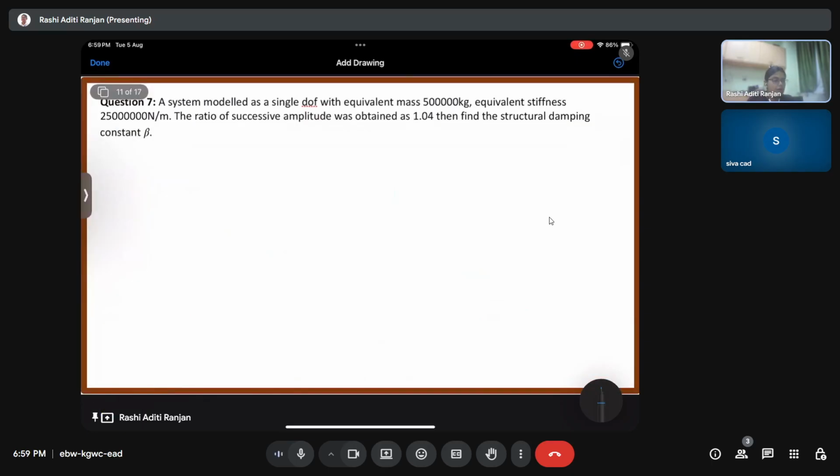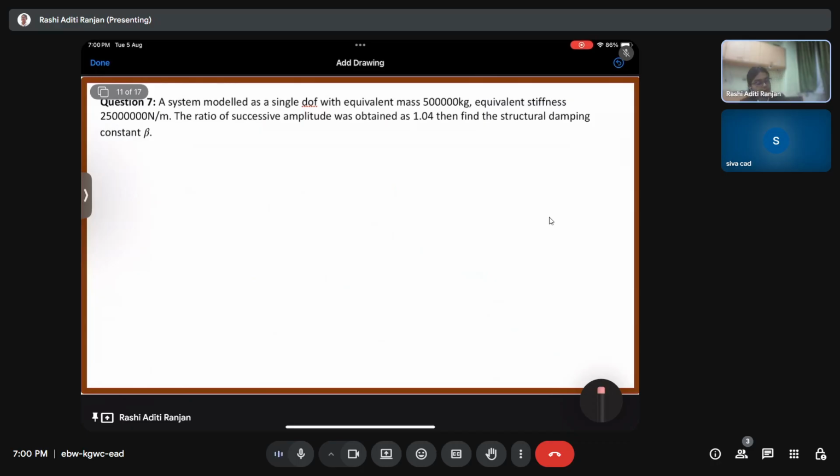Now, coming on to question number 7. Now, this is a question where we will discuss the structural damping. So, if you remember, we had the concept of structural damping because in that case, we were not actually having some kind of a viscous medium in our system, and the dissipation was happening because of the structure.